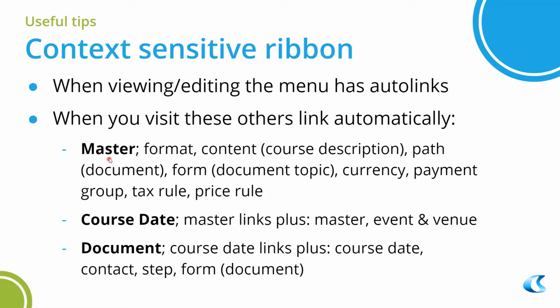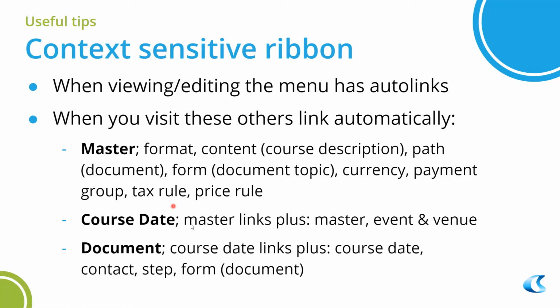So if you're editing a master record, you can automatically go to the format, to the content, course description, to the path, to the form, the document topic form, currency, payment, etc. So there's all these items that you can go directly to just by clicking on an edit link within the context-sensitive ribbon, which is a pretty cool way.